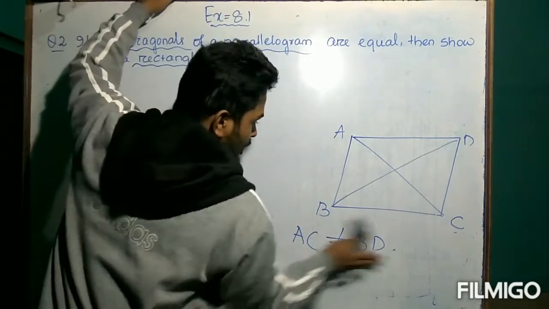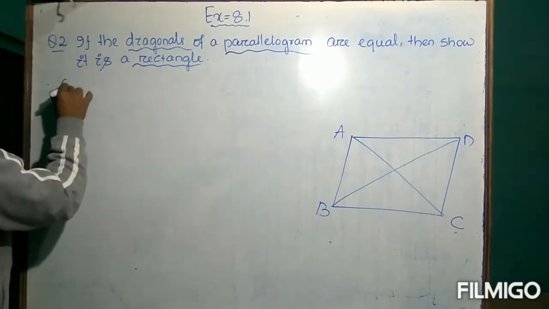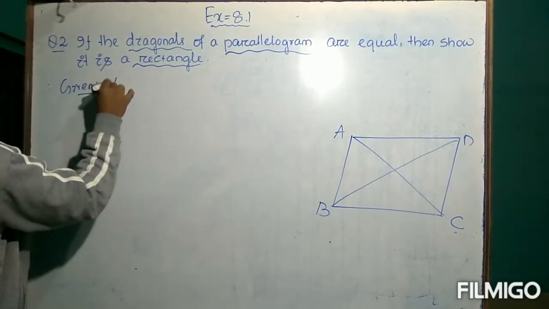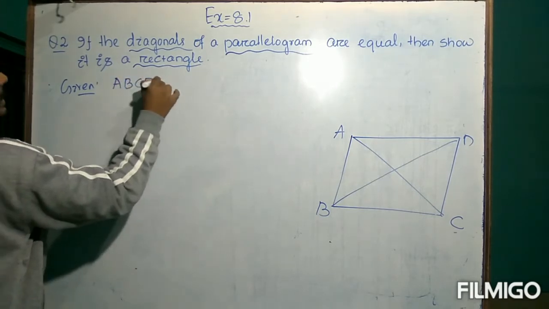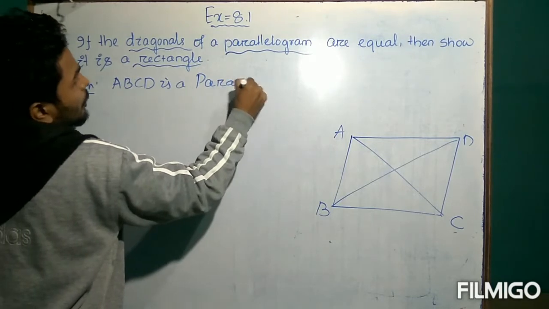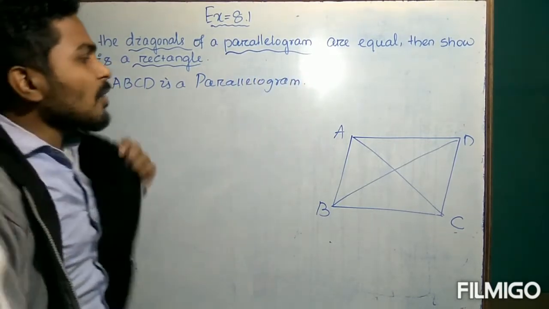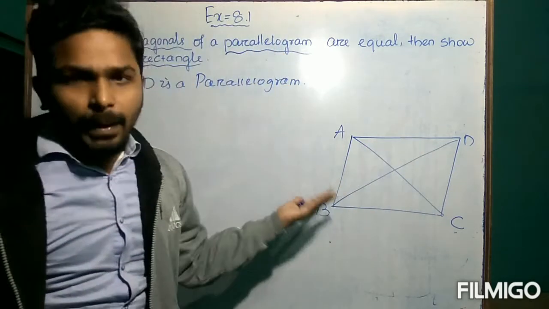Let us first write the given statement. It is given that ABCD is a parallelogram. Since it is a parallelogram, the pairs of opposite sides are equal and parallel.